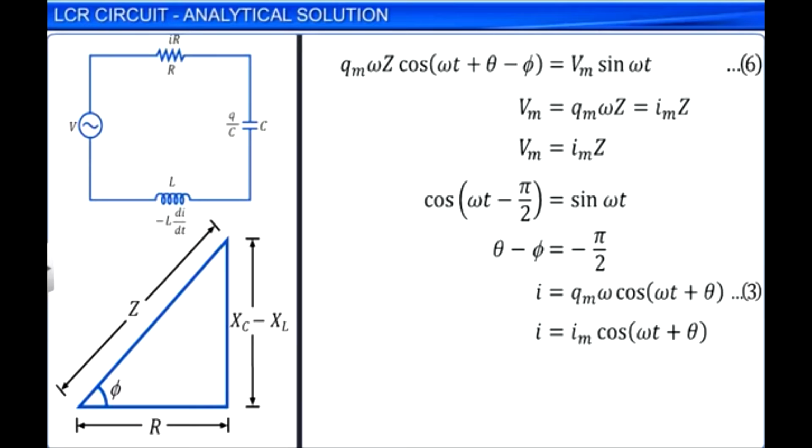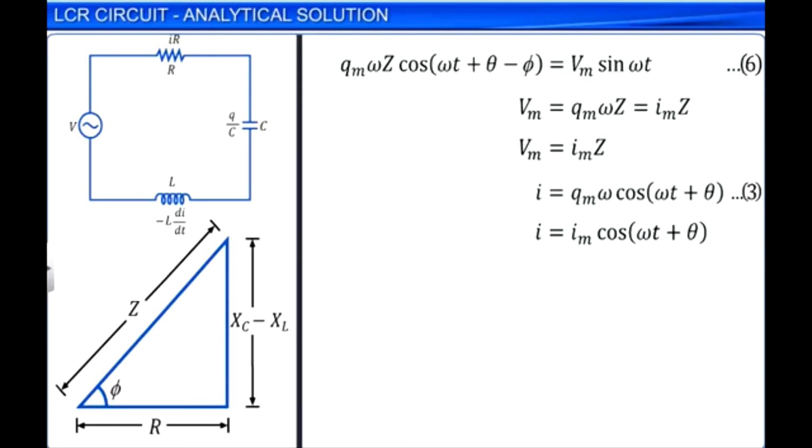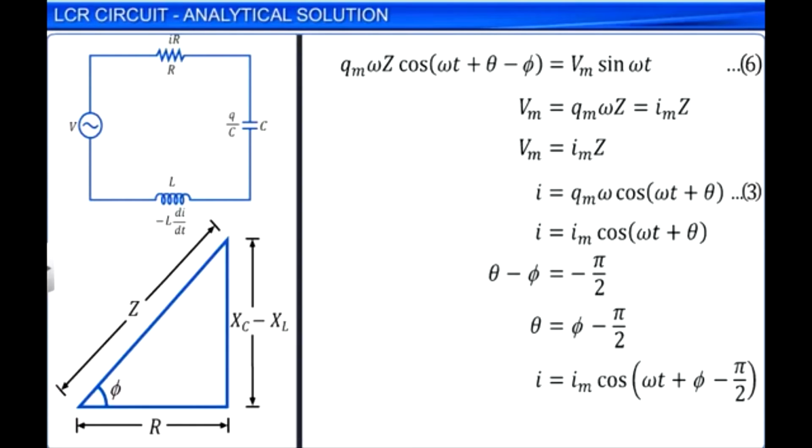We can simplify the above equation as I equal to Im cos(ωt + φ minus π/2). Thus, we have the instantaneous current in an LCR circuit, I equal to Im sin(ωt + φ).